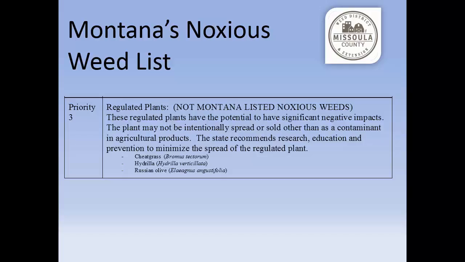And hydrilla is another aquatic plant that's sold in fish stores, you know, for fish tanks and stuff. So they put it there so that it no longer can be sold, so that when your little fish dies and you dump the whole aquarium out into the river, we start spreading these things. That's why that one's on there.